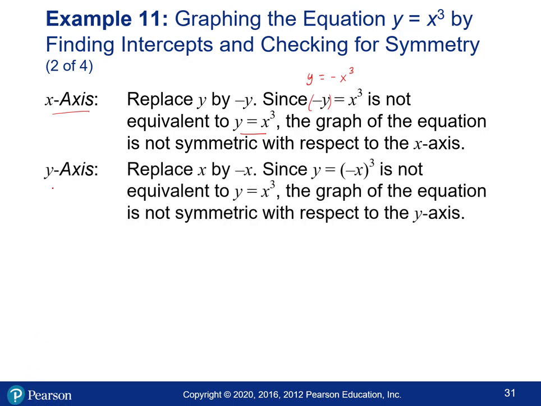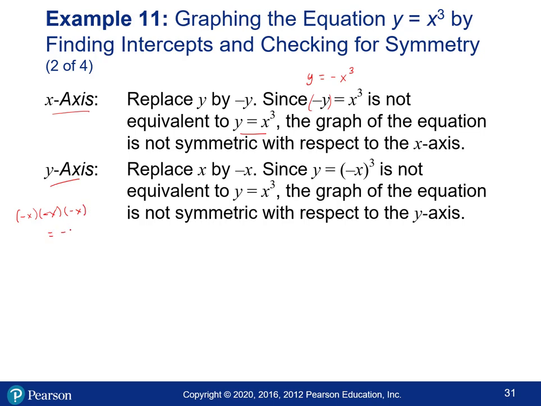And then if I want to check y-axis symmetry, I put in a negative x. Let me do it off to the side: negative x cubed, so negative x times itself 3 times. It's going to be negative, because a negative times a negative turns positive, but then the last negative turns it back negative.